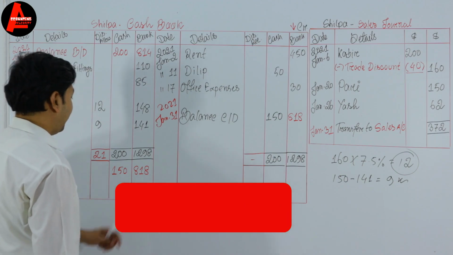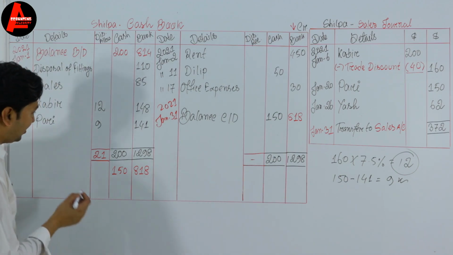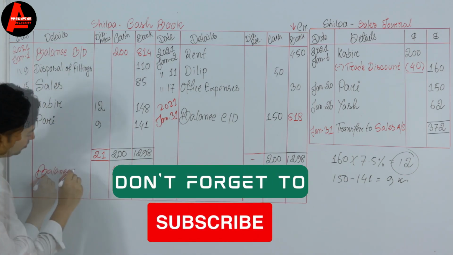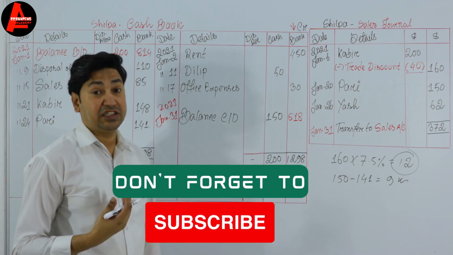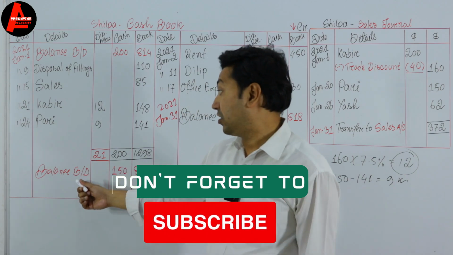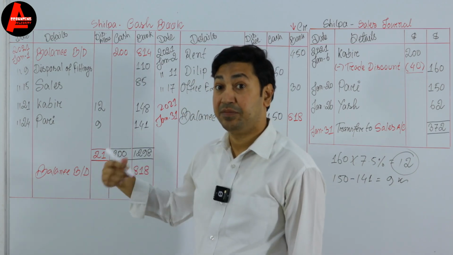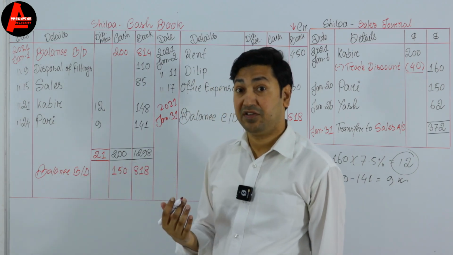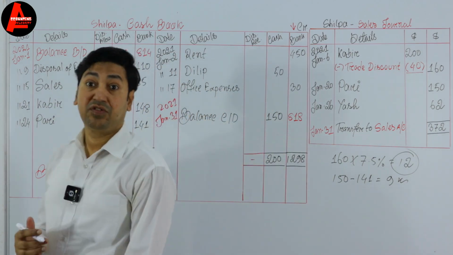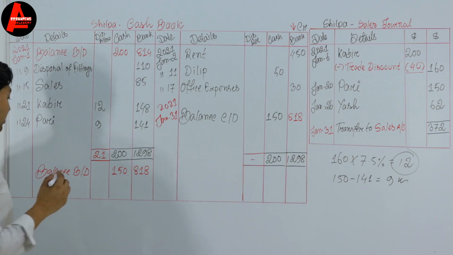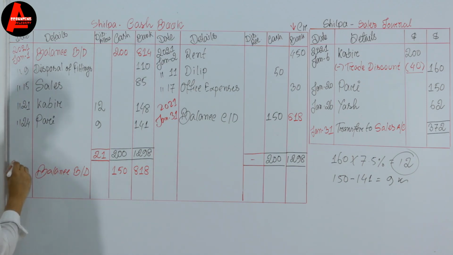The closing balances, we will write here balance BD, which stands for brought down. The date for balance BD, meaning the opening balance for next month, will be the first day. We are doing this for January, so the first day of next month will be 2021 February 1st. So we will write here 21 February 1st.